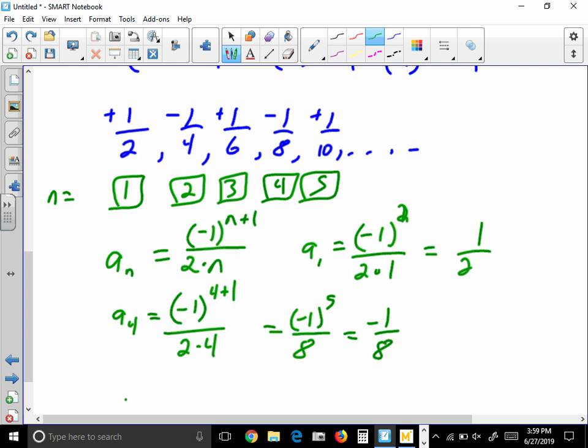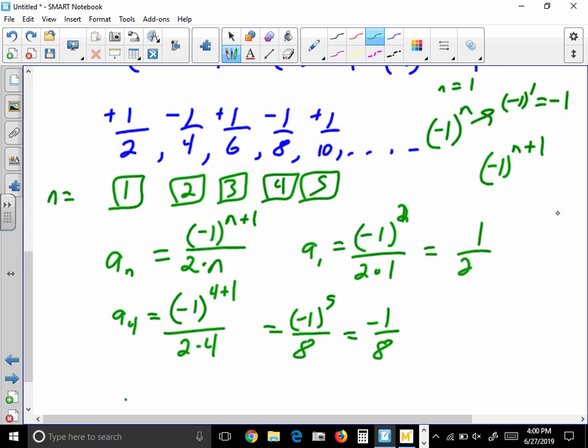So if we need to alternate signs, we need either a negative 1 to the n or a negative 1 to the n plus 1. It just depends on, do we need to start with an odd or start with an even? And instead of memorizing which one starts negative, which one starts positive, just list them both out and say, okay, if n equals 1, what's that one going to be?